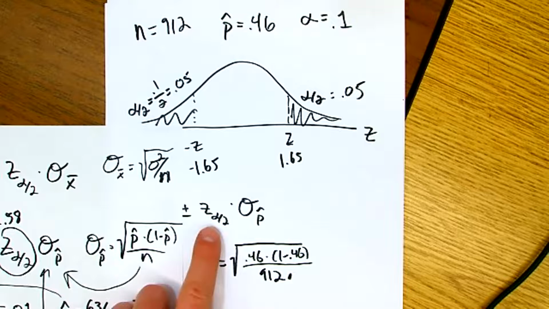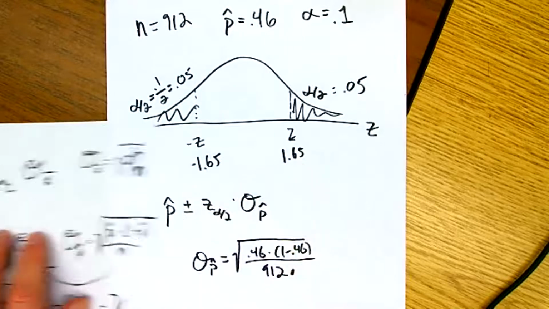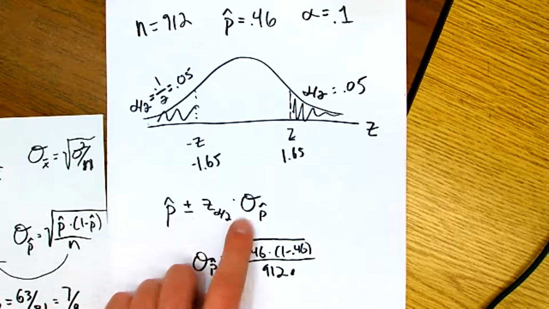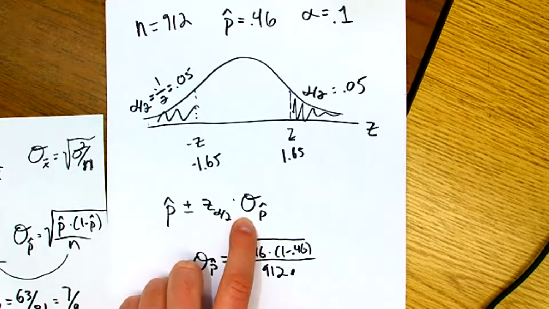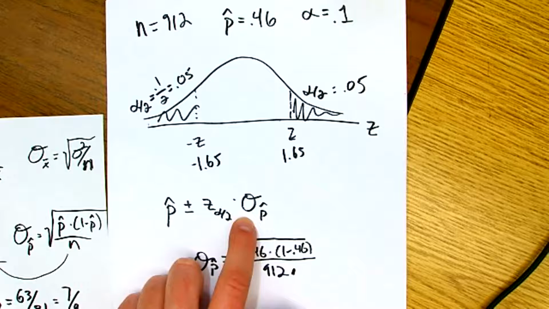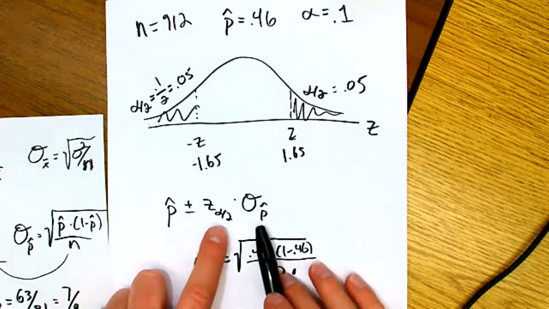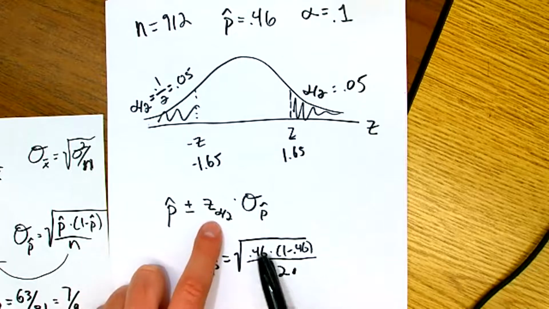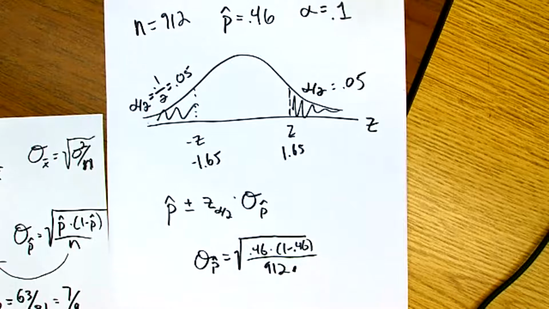So even though I'm going 1.65 standard deviations to the left and the right, well, let's say I wanted to go 5 standard deviations. Well, if the standard deviation is only 0.0005, that's not going very far, right? So with a sample size this large, we can probably get a pretty small margin of error and build a pretty tight confidence interval.